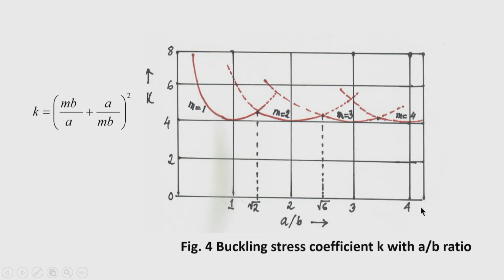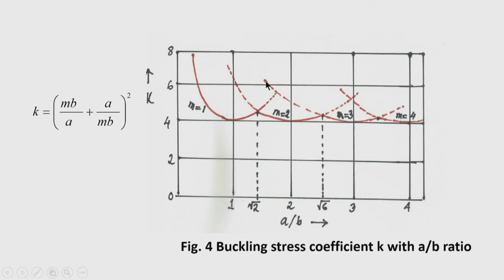For a very long plate a by b ratio is high, and up to 4 we have plotted. Okay. So, now you can see two branches of the curve: m is equal to 1 is taken for the first curve of buckling coefficient, and m is equal to 2 is taken for the second curve. They intersect at some point. Okay.